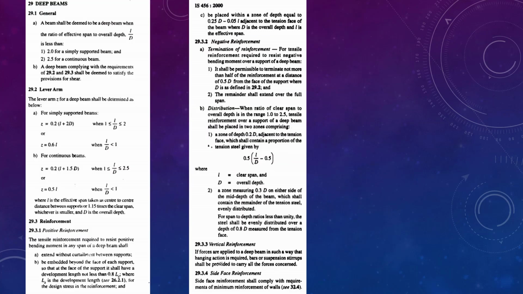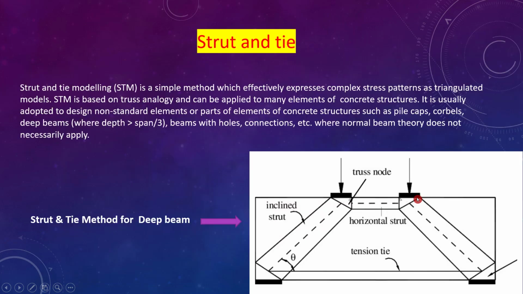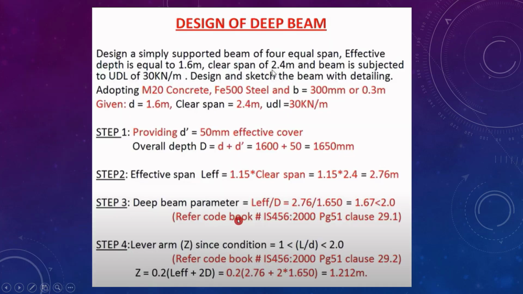Okay, so coming back to the clauses, you can see on the right hand side for L by D ratio, if it is the case of a simply supported beam, less than 2 means it is a deep beam. And you can see the provisions for finding the effective span, just at the cursor here.